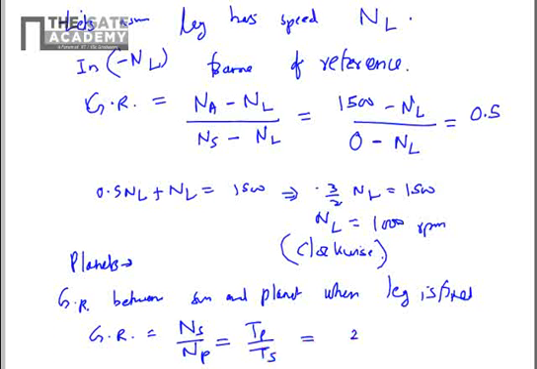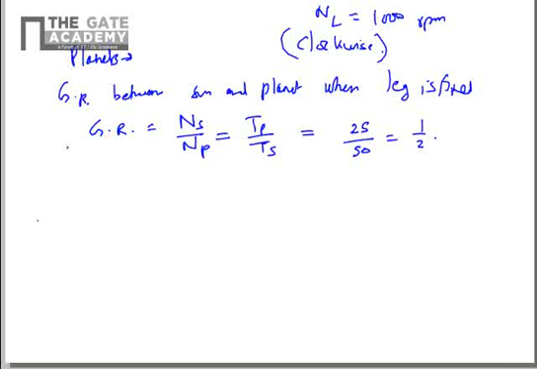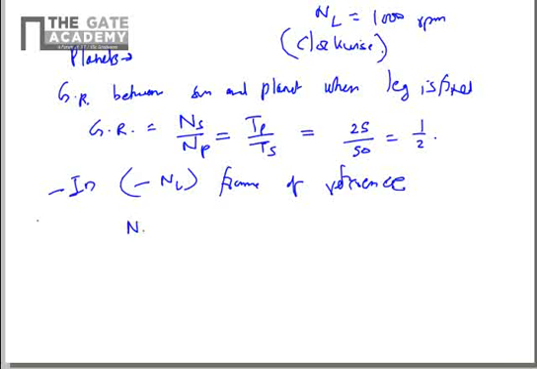The number of teeth on the planet is 25, on the sun is 50, so this is also half. And now in the minus NL frame of reference, the gear ratio will remain the same, minus 1 by 2, but the rotational speeds will change, since everything is rotated by minus NL.